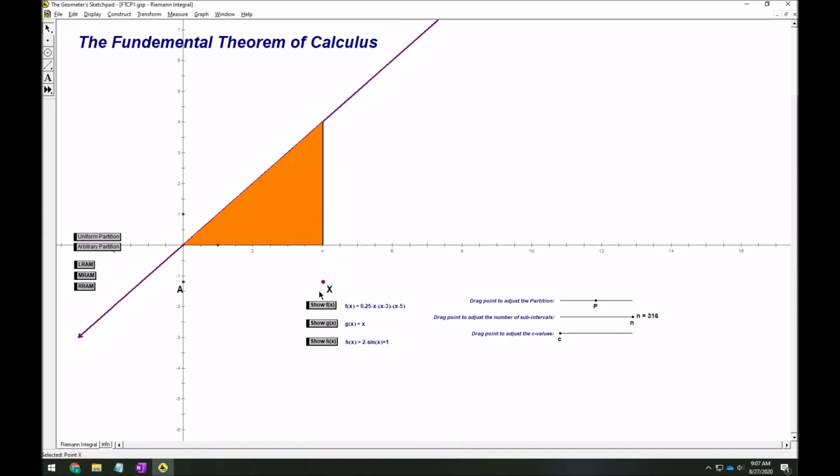So on our specific function, which looked like this, I can see that if I selected x as a positive value, I'm getting an area in the shape of a triangle, and of course it's going to have positive area.